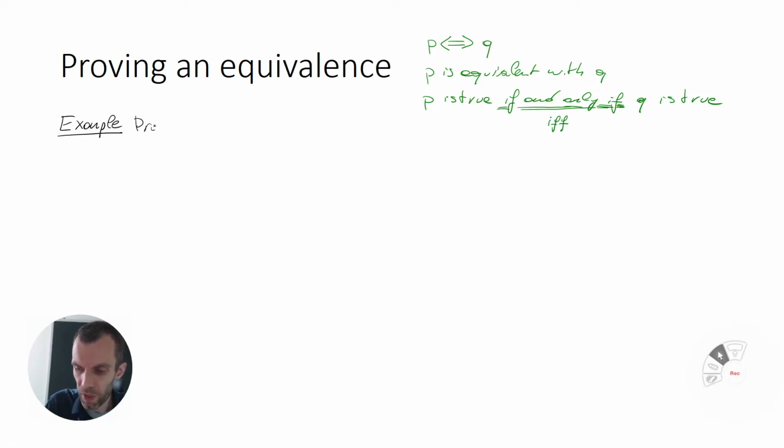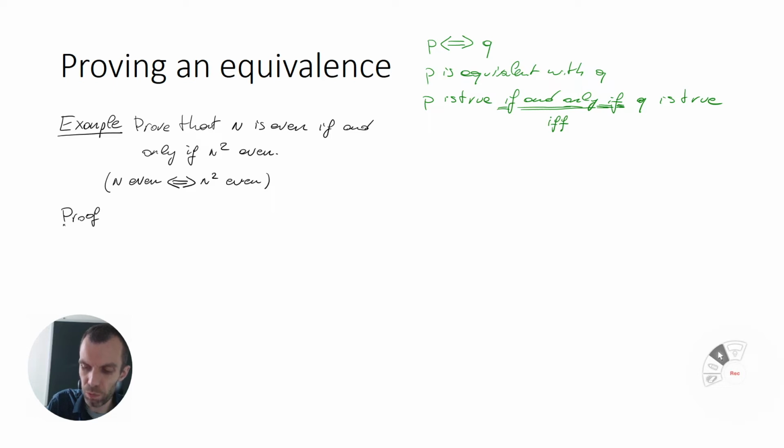Let's prove that n is even if and only if n squared is even. So if we write it a bit more formally, n even equivalent with n squared even.